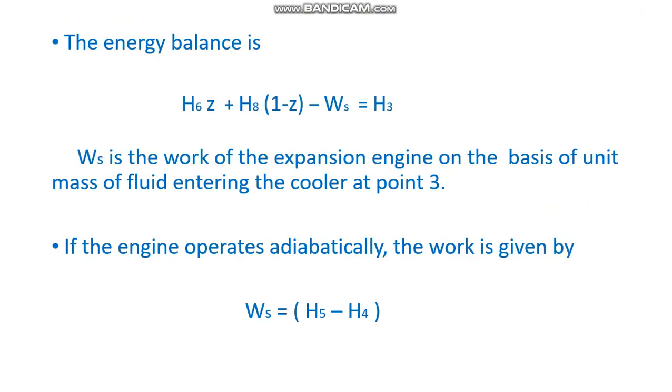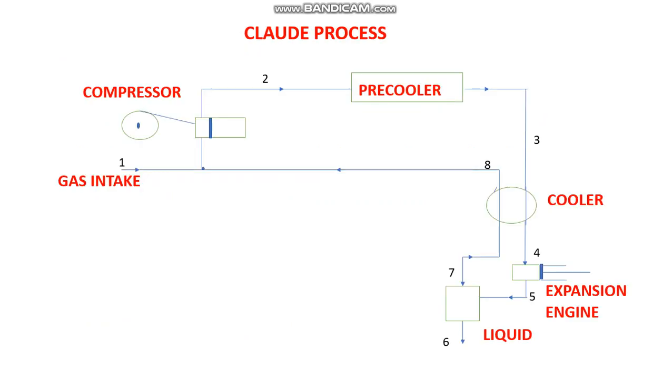The energy balance at different points for this process is H6 z plus H8 (1 minus z) minus Ws equals H3. Ws is the work of the expansion engine on the basis of unit mass of fluid entering the cooler at point 3, which you can see here.